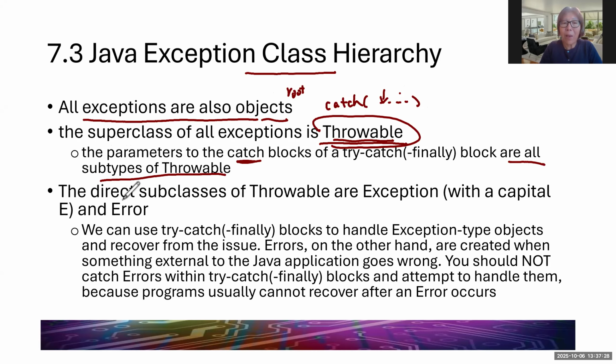The direct subclasses of Throwable are of two kinds. One is called Exception, and the other is Error. These two are different. Can the try-catch and finally blocks handle both of these types, Exception and Error? No, the answer is no. Try-catch and finally blocks only apply to Exception.